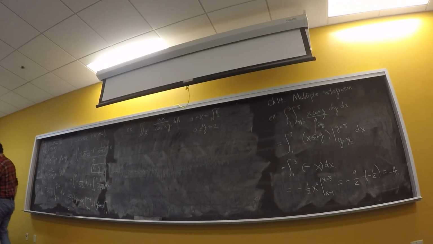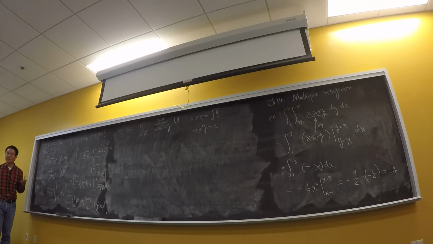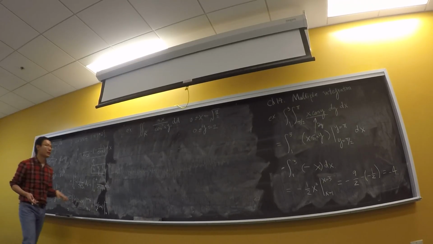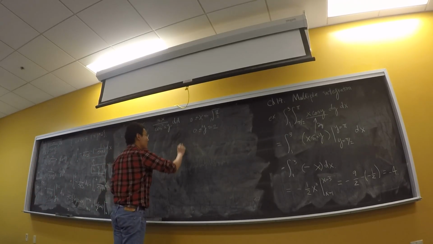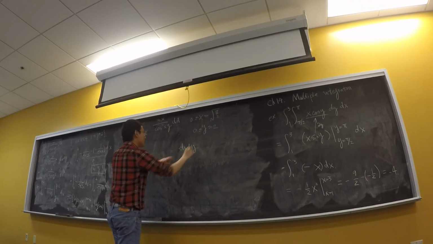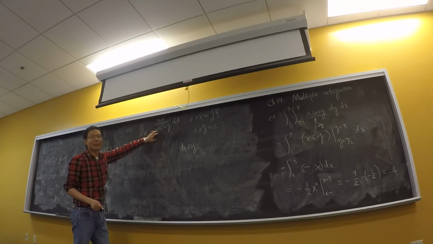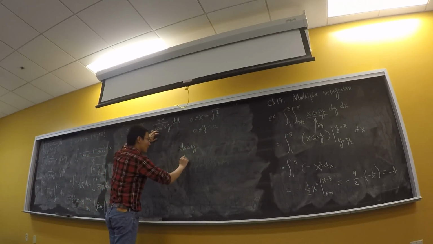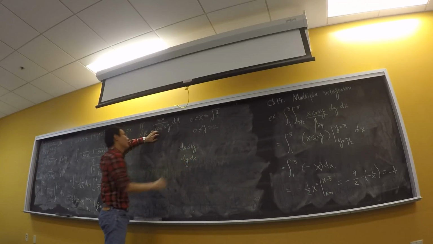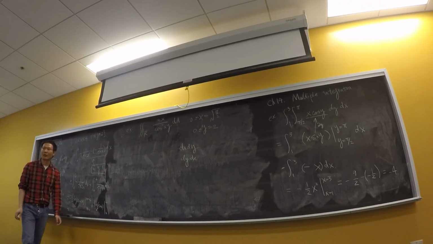This is what I want to have. Again, as long as your integrating region is a rectangle, immediately you have two different orders. You can do a single variable integration. Either it is dx dy, which means I need to find the antiderivative with respect to x, or dy dx, where I need to find the antiderivative with respect to y first.